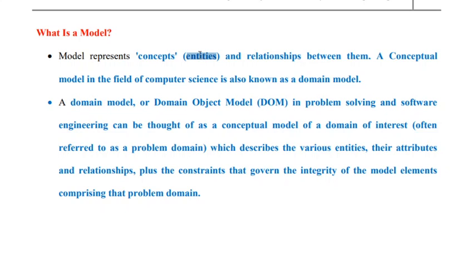That is the way we try to establish relationships between the various concepts pertaining to a system, right? Now, a conceptual model in computer science is also referred to as a domain model. A domain model, or domain object model, is a conceptual model pertaining to a domain of interest.